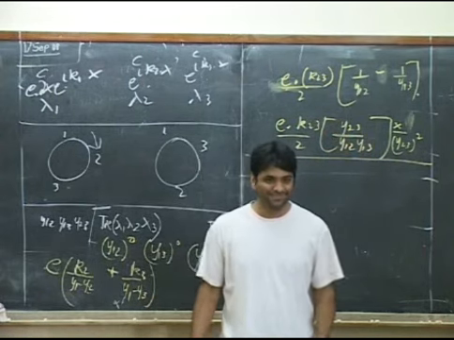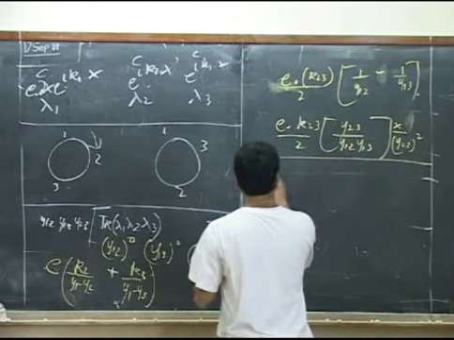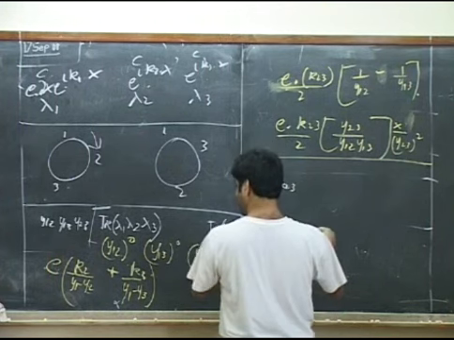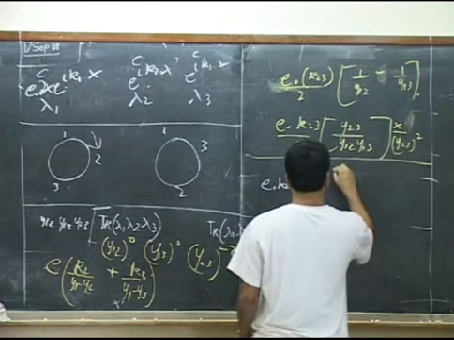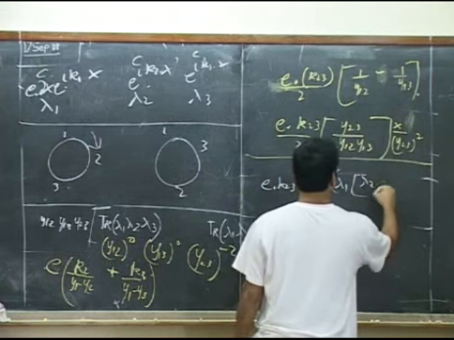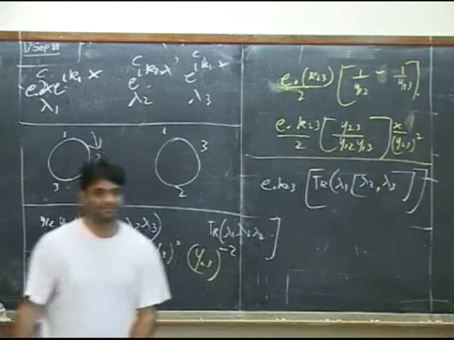by 2. So our final answer is epsilon dot k23 into trace of lambda 1 into the commutator of lambda 2, lambda 3, up to also the sign.